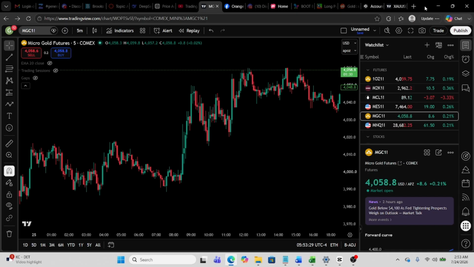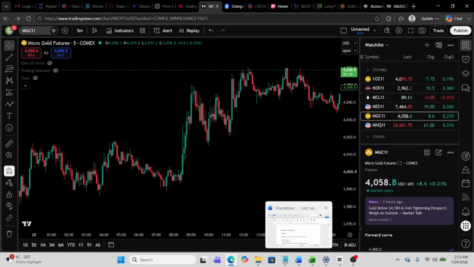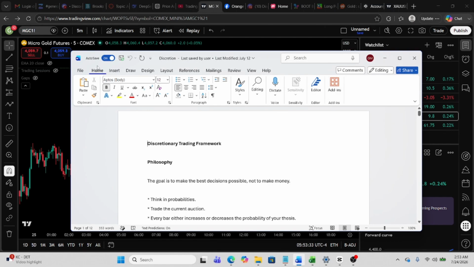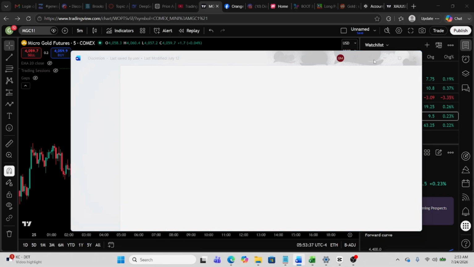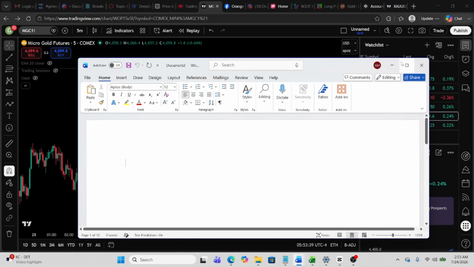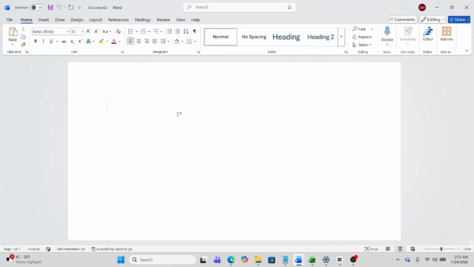Typically, the way the cycle goes, and I will make a little Word document here. Nothing fancy. I just want to type this out so you guys can maybe jot it down in some notes.